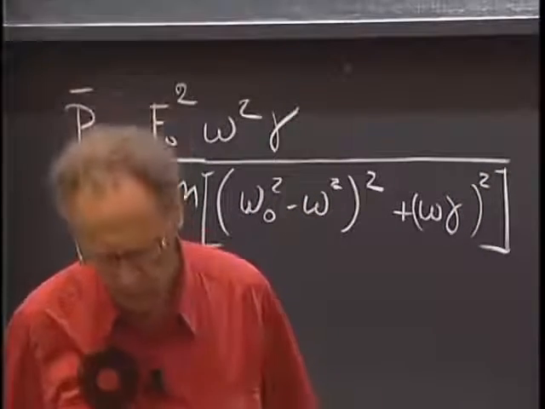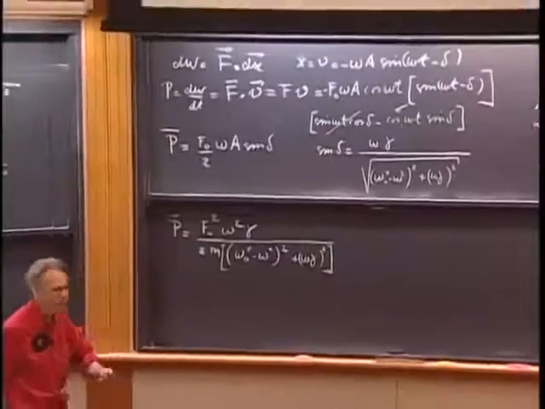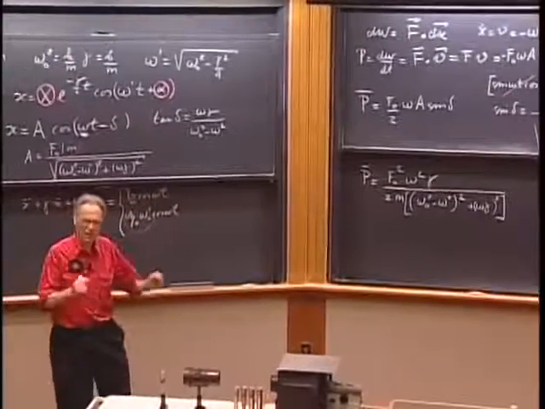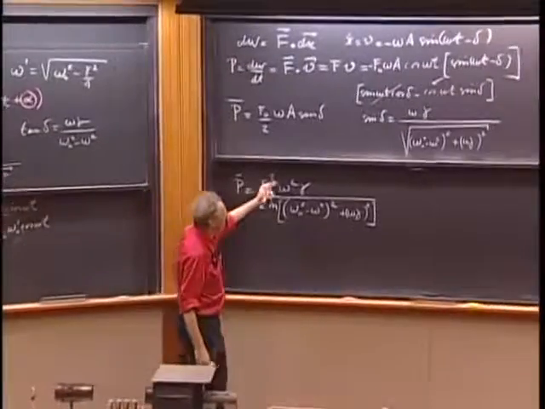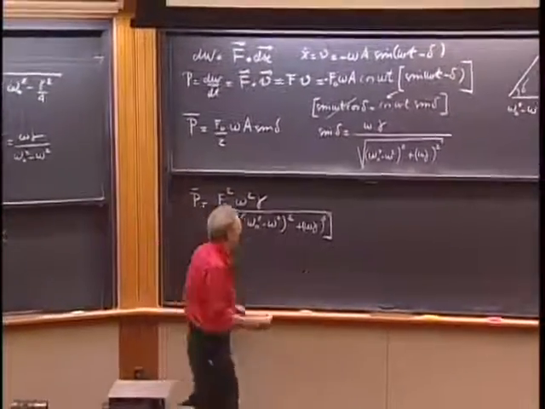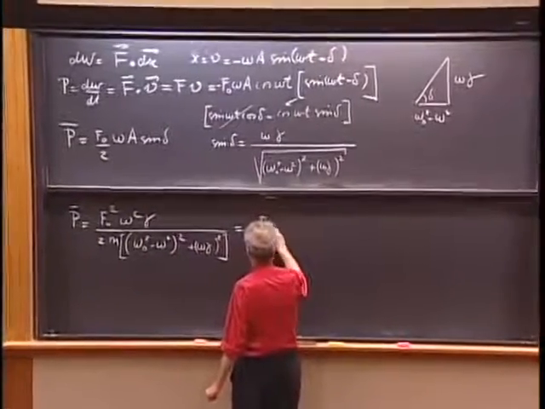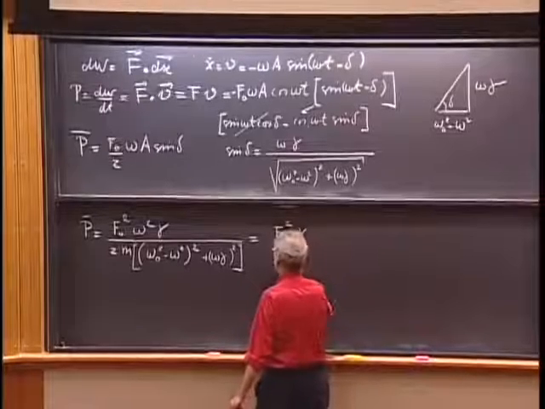Almost end of story. I'm going to rewrite it a little, and Tony French in his book rewrites it in, again, a different way. He loves to work with q's. He puts the q's in there. I'm going to divide upstairs and downstairs by omega squared. And when I do that, I get F0 squared. I get a gamma here. I get 2m here.